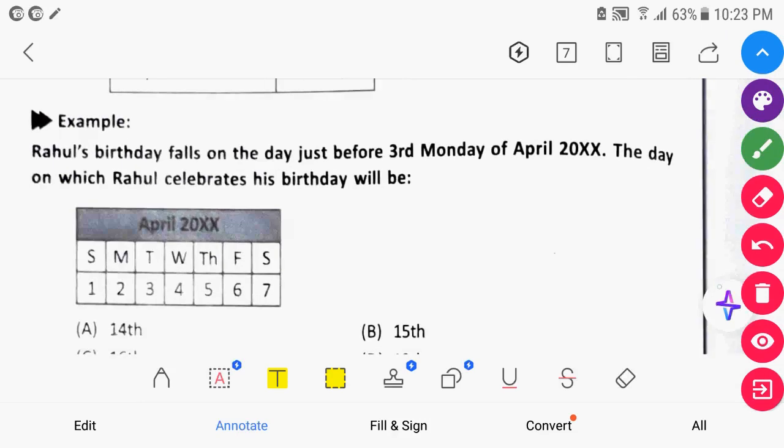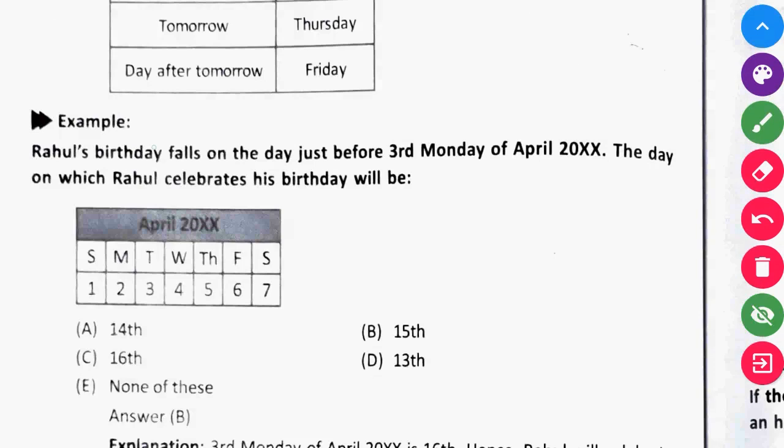Okay. Now see, Rahul's birthday is just before the third Monday. Now see, the first Monday, which date is it? Second. So you have to add 7 days to 2 to get the next Monday. So on the 9th there will be the second Monday, and plus 7 means on the 16th there will be the third Monday.